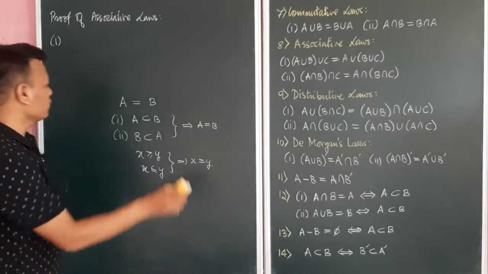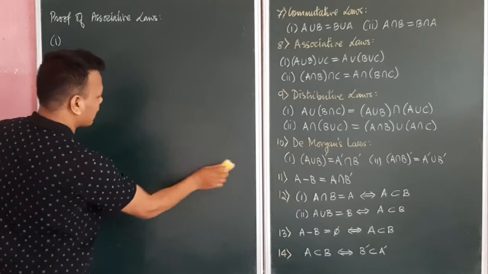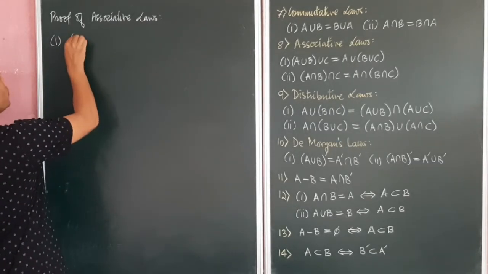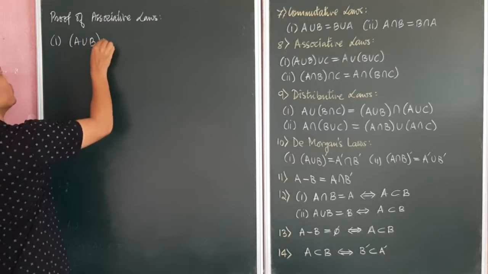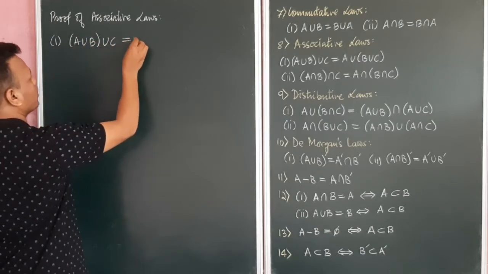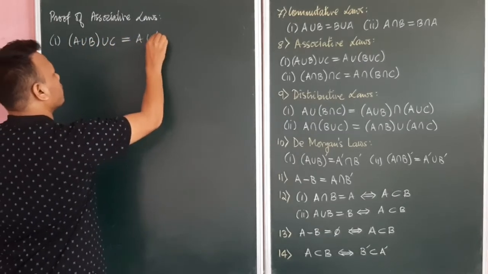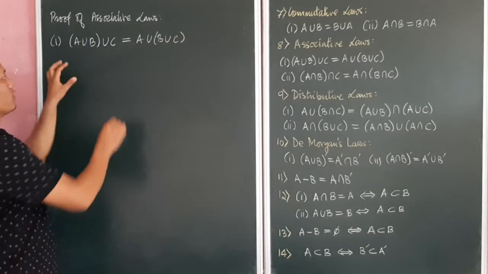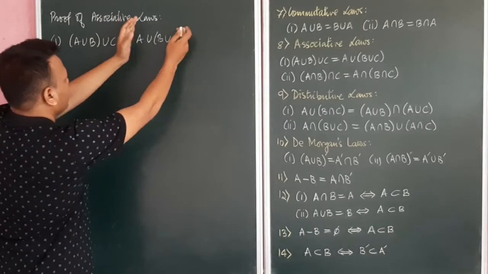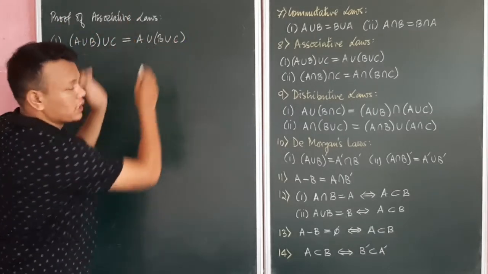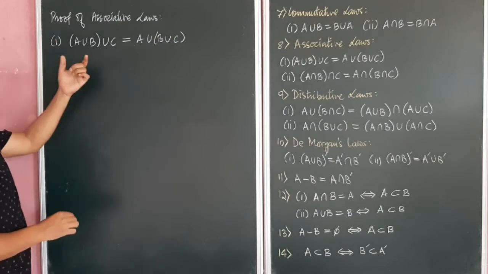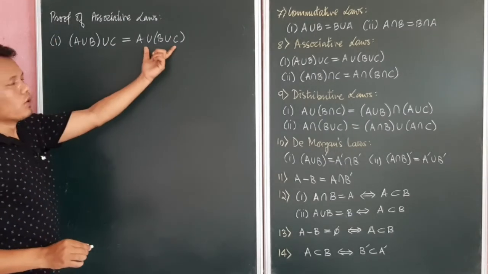Basically here we have A union B union C equals A union B union C, grouped differently. So this is one set, this is another set. If you call this A and this B, then A equals B. That's what you want to show. Okay, so to prove this, we'll show that this is a subset of this.